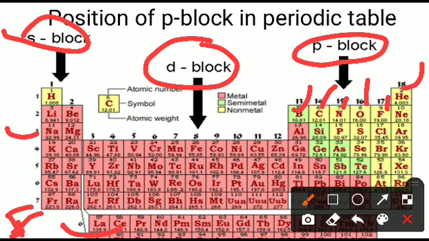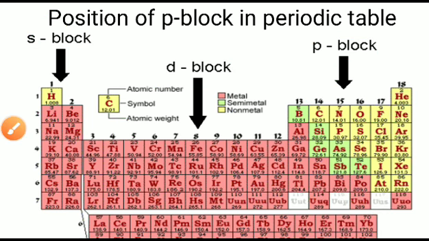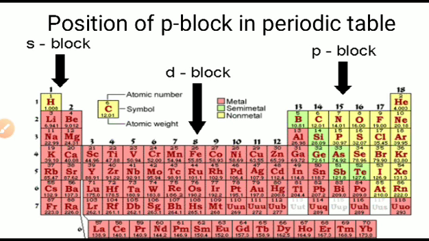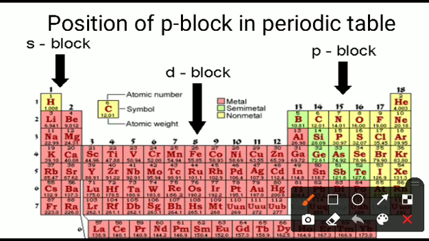Some important topics from all these families we are going to study. Before starting the p block elements, we learn hydrogen and the hydrides made with the elements from the p block.